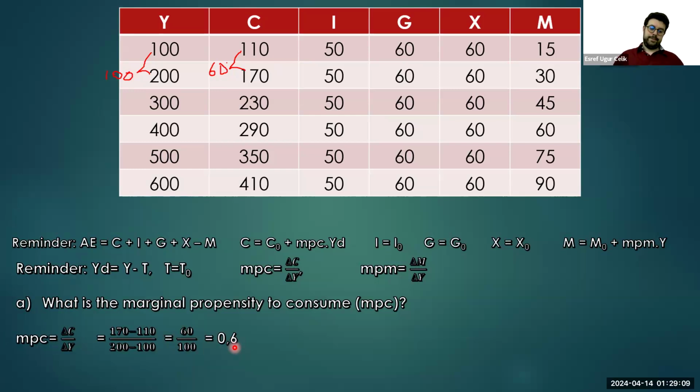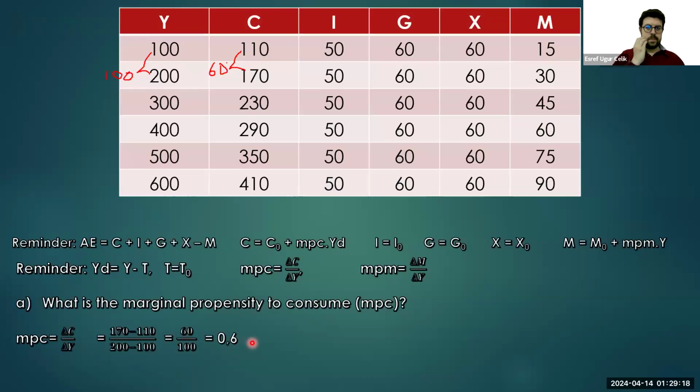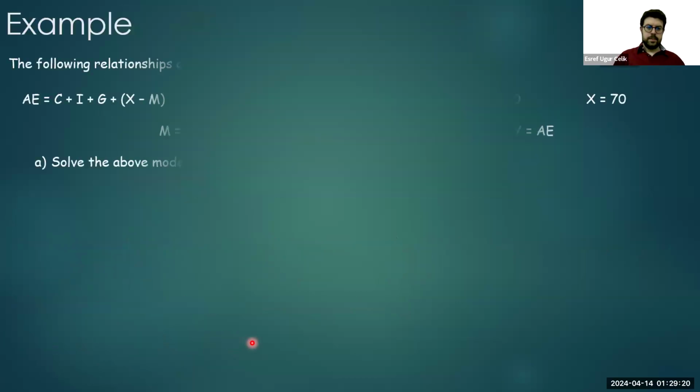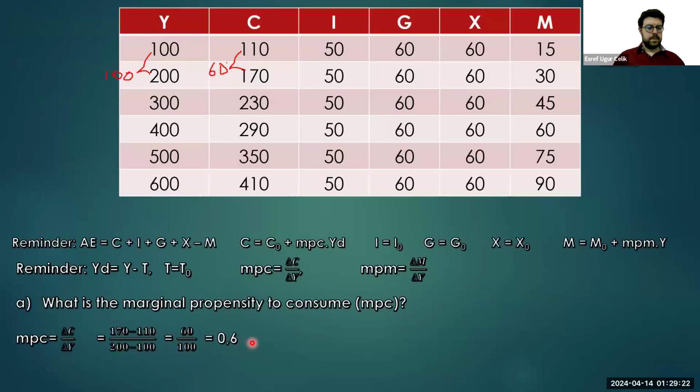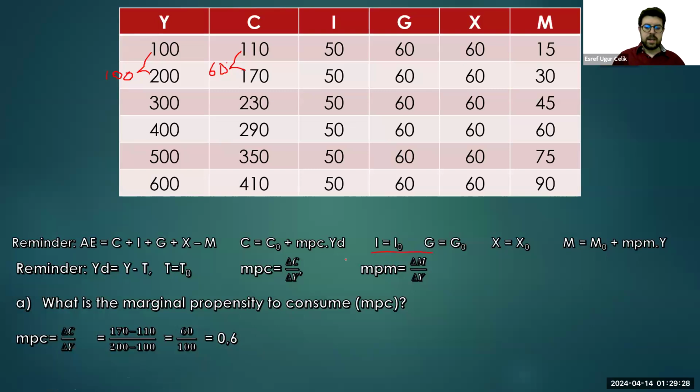Okay. I'm not going to ask over there, but I may ask in the exam. And I'm not going to write over here, but okay, let's ask that part. What is the MPM? This time you look at the changes of M part. 15.